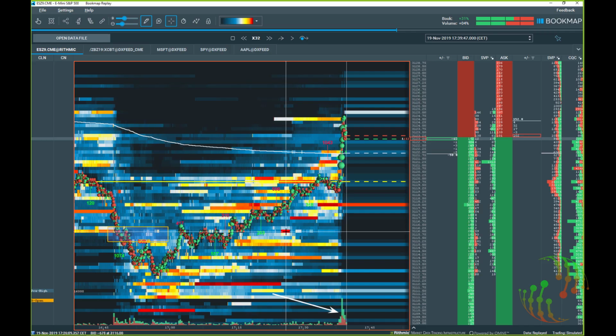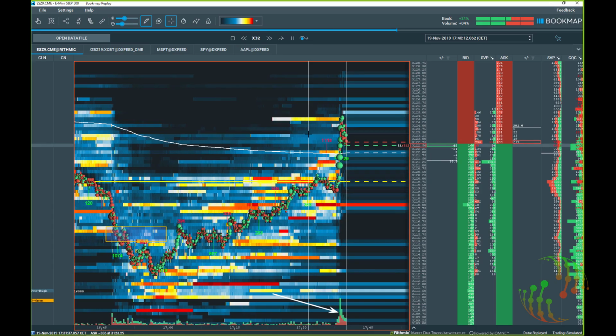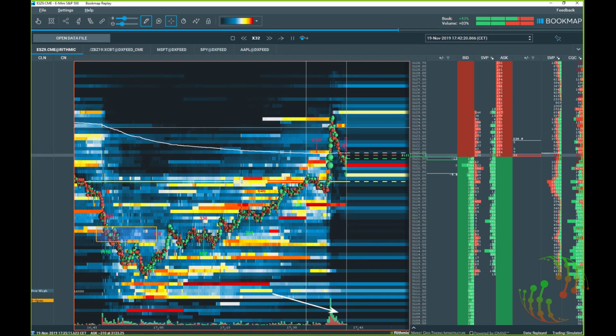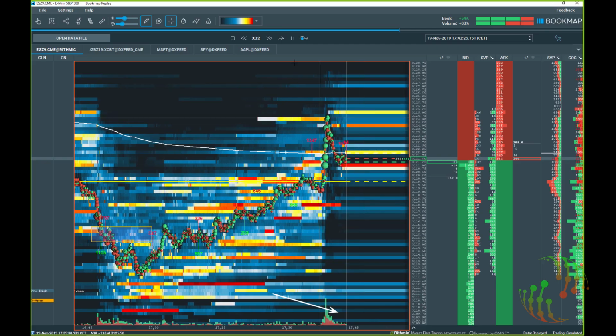You can use his stops, or his levels, as your stops. Trail your stops to 17, trail your stops to 18, and then he closed this position, I think it was here, 21.